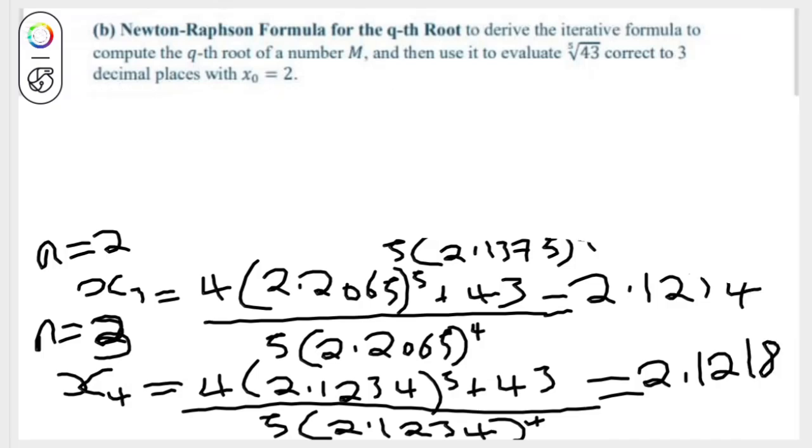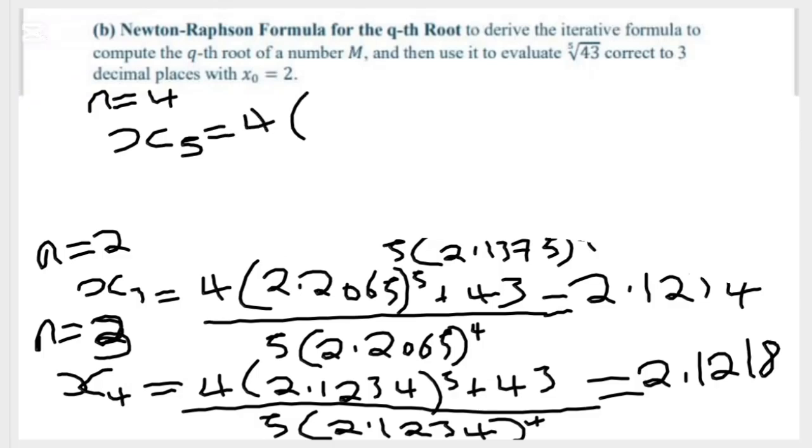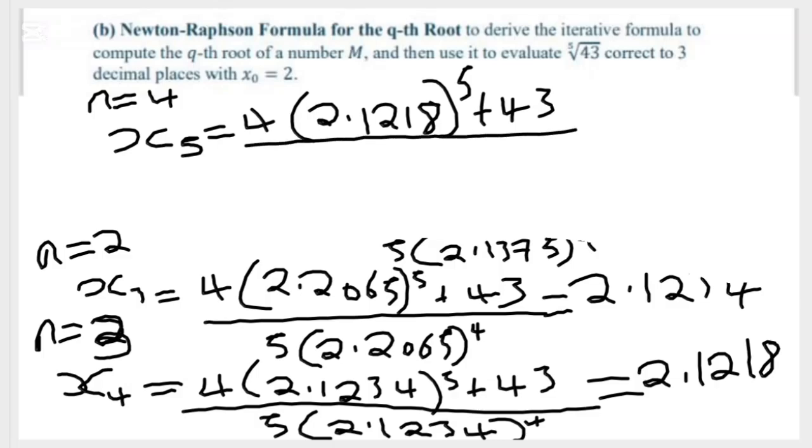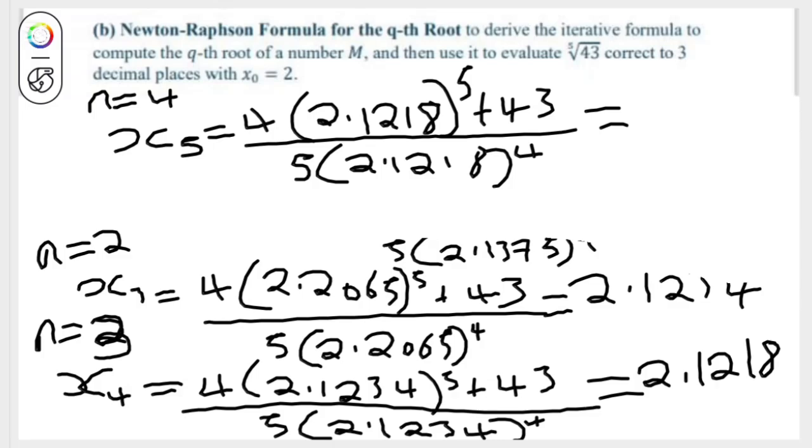From iteration 5, when n is equal to 4, x5 is equal to 4 multiplied by 2.1218 raised to the power of 5, plus 43 divided by 5 multiplied by 2.1218 raised to the power of 4. What should I get?